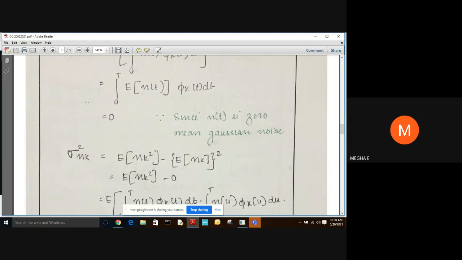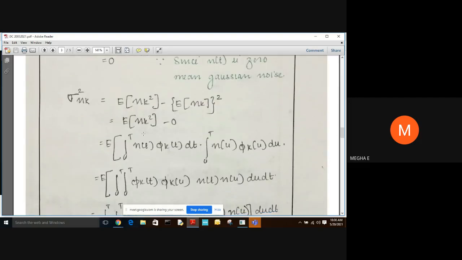And now we find the variance, that is sigma square nk. Sigma square nk is nothing but the expectation of nk square minus the expectation of nk, the whole square. We already found that the expectation of nk is 0, so it is nothing but the expectation of nk square, the variance.